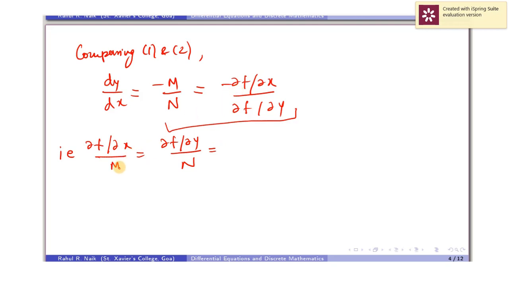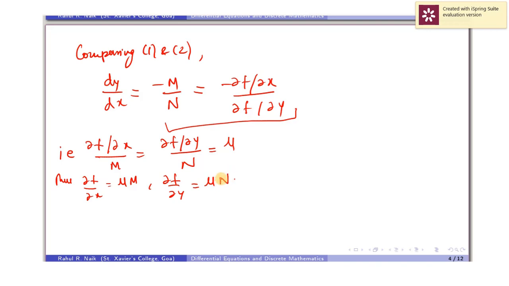From here we get that they are equal. I'll call this nu, and I'll prove that this is the required integrating factor. Thus I have ∂f/∂x is equal to nu m, and ∂f/∂y is equal to nu n.